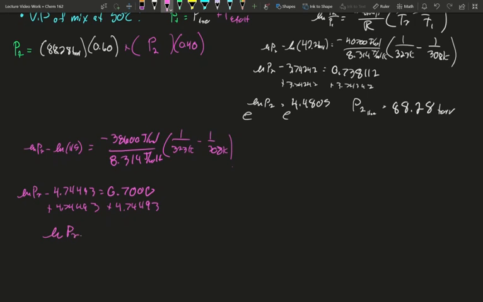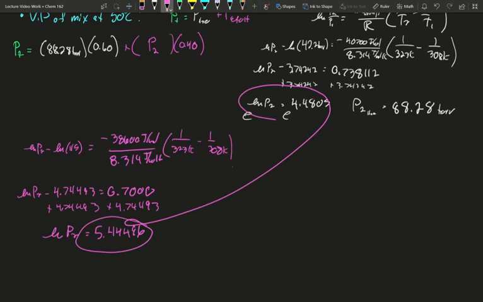Natural log of pressure 2 is going to equal 5.44496. Now you notice that this is larger than it was for the water, but that makes sense. Our ethanol boils more easily. So once we're down to just looking at the vapor pressure at the same temp, our ethanol should give us a higher pure vapor pressure than water, which we'll see when we take e to both sides.